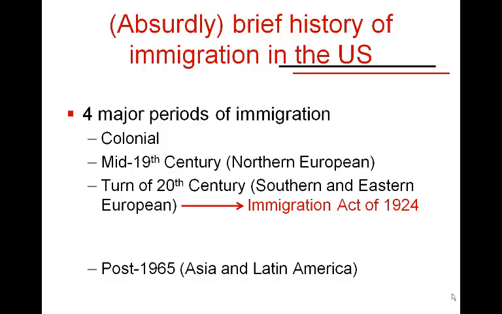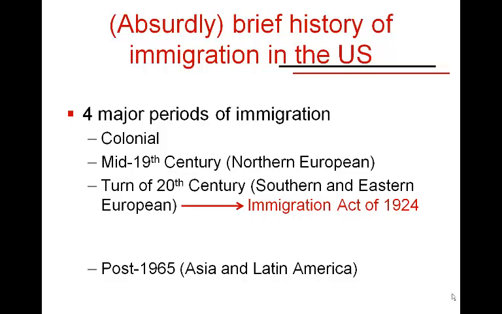Many of those countries were subject to the Naturalization Act of 1790 already, which barred immigrants who were not white from becoming naturalized citizens. And so this act forbade further immigration of any persons who were not eligible to be naturalized per the Naturalization Act of 1790.